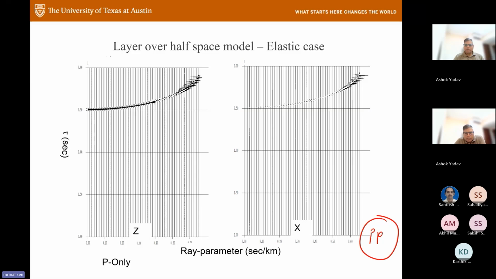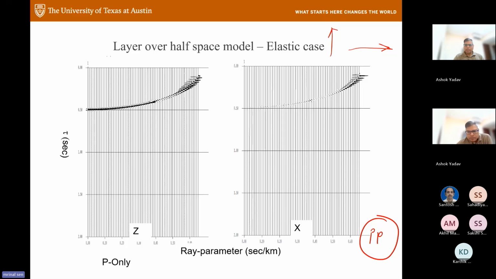Now this is important because this is the same kind of model. So there's a reflection coefficient increasing with p, but there is also a receiver directivity. This is the vertical receiver. The vertical receiver responds to rays that are coming more vertically, and horizontal receivers get more amplitude when the rays become more horizontal.